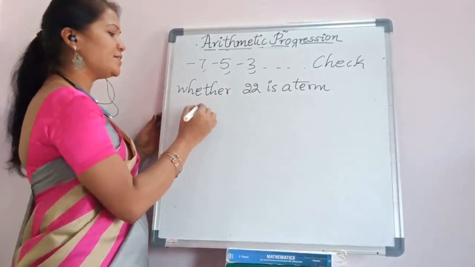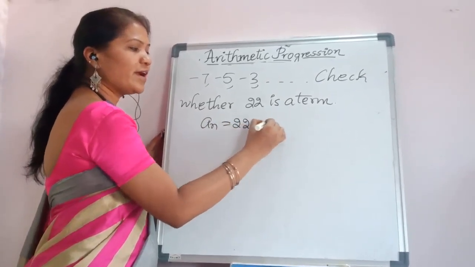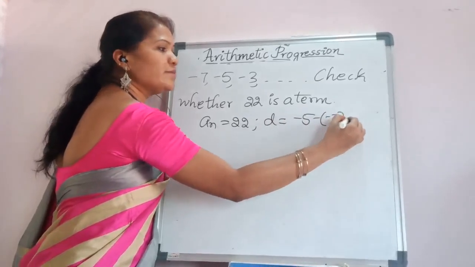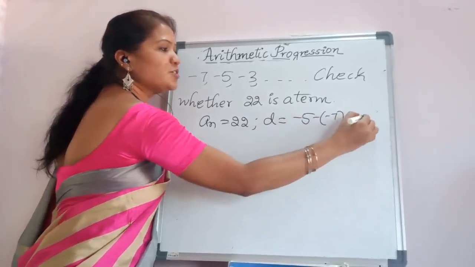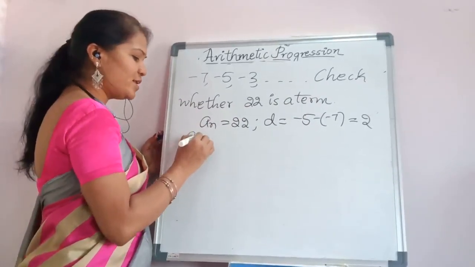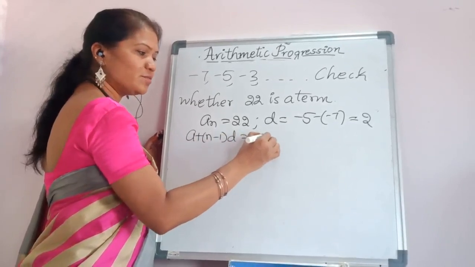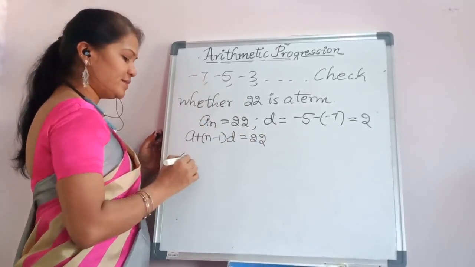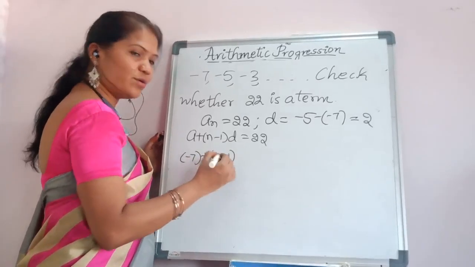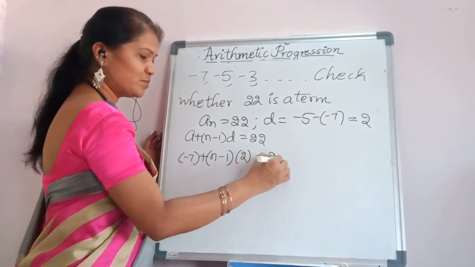So for that, let an is equals to 22. And for that, find d also here. What I'll get? Minus 5 minus of minus 7, that is minus plus 7, minus 2... minus 5 is plus 2. An, what is our an? a plus n minus 1 into d is equals to 22. a is minus 7 plus n minus 1, n I don't know, I have to find out, into d. d is what here? 2 is equals to 22.